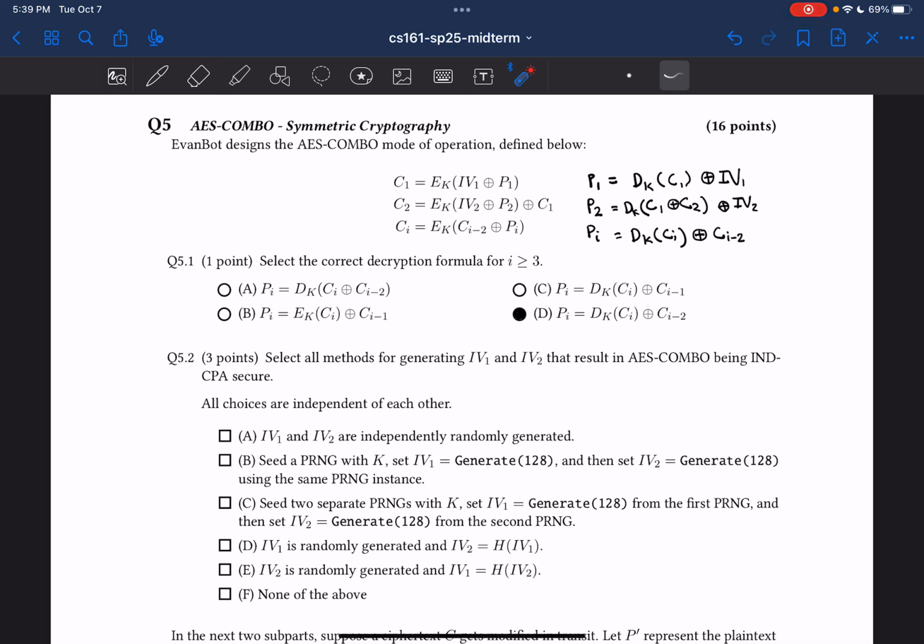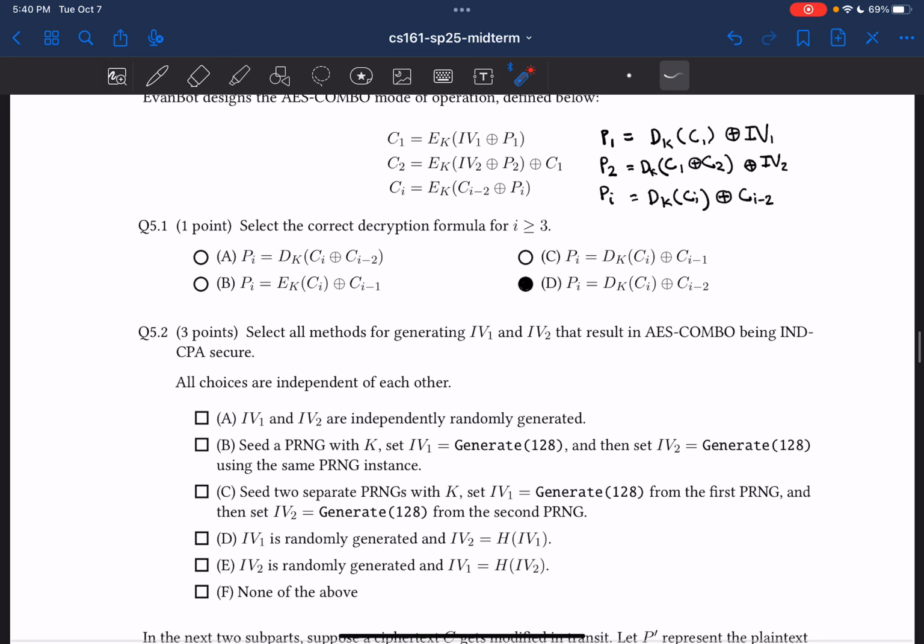What that means is that we have two chains going on. And because these two chains simulate an existing encryption scheme, which is AES-CBC, we can say that these two independent chains are both IND-CPA secure, so the whole thing is. And so answer choice A is correct.